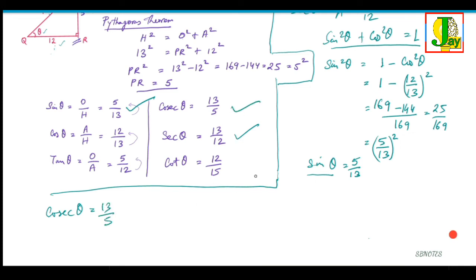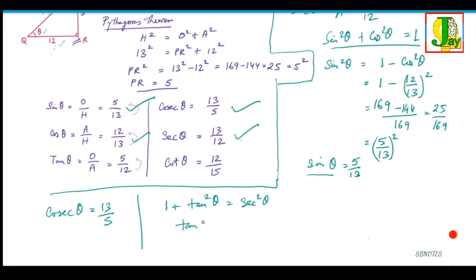So if you remember, 1 plus tan square theta equals sec square theta. So we already have sec theta, so 1 plus tan square theta equals sec square theta. Now that's tan square theta, we need to find tan theta.